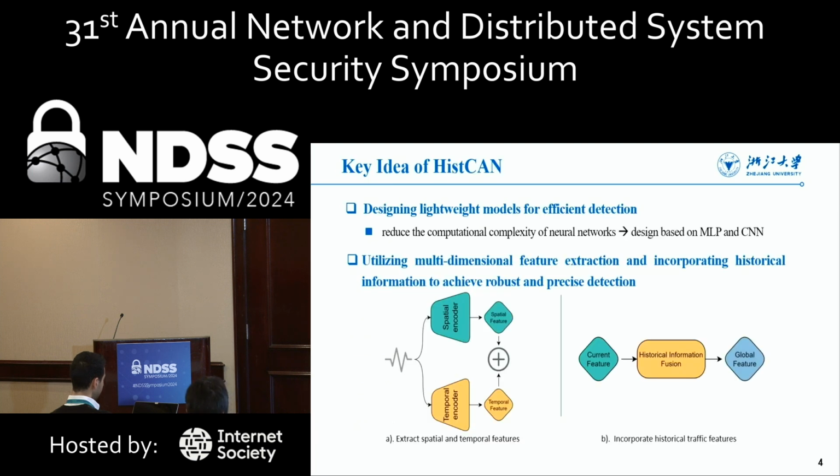And now I will introduce some key ideas of HistoCAN: how to do real-time detection and how to learn a robust representation of CAN bus traffic. An intuitive idea to achieve real-time detection is to reduce the computational complexity of neural networks. And the model can calculate in parallel, so we design the model based on multi-layer perceptron and convolutional neural network architectures.